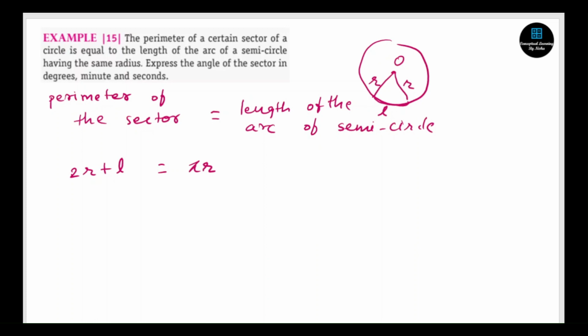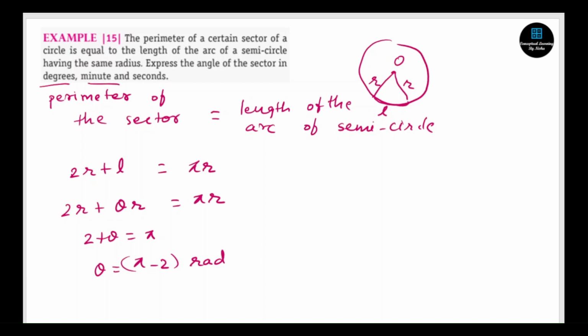Now here the length is theta times r. This equals pi times r. Now everywhere I can cancel out by r, so I can say that 2 plus theta equals pi, or theta equals pi minus 2. These are in radians, and we have to express the angle of the sector in degrees, minutes, and seconds.